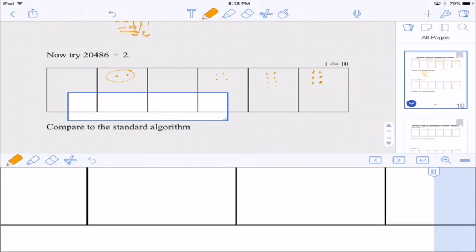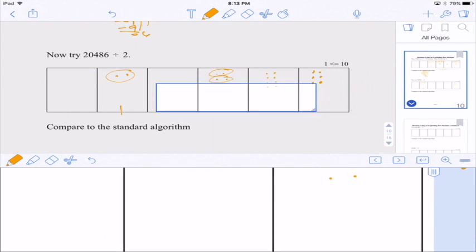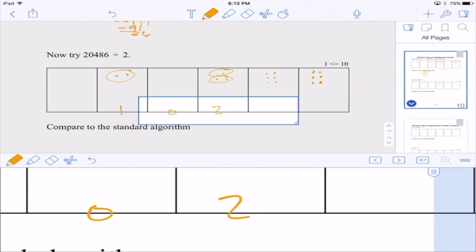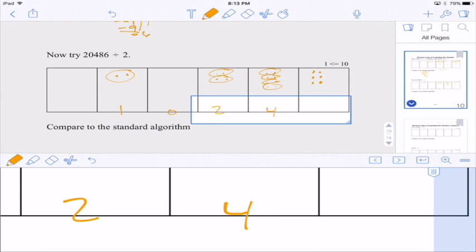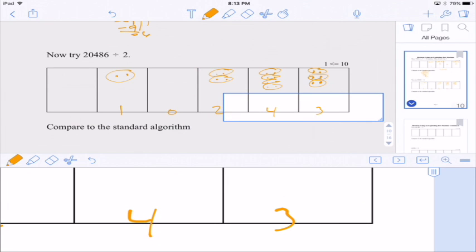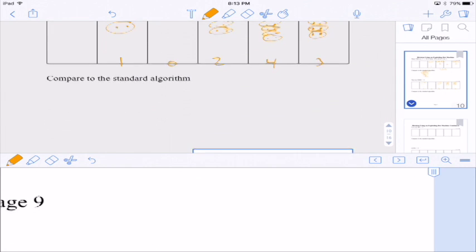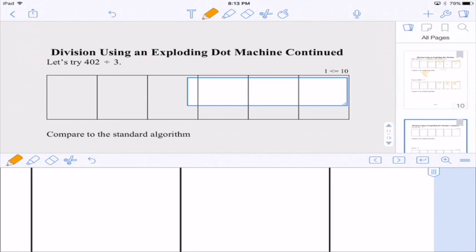One group of 2. 2 groups of 2. This one is 1, 2, 3, 4 groups of 2. And finally, 3 groups of 2. Pretty easy. I'm not going to compare to the standard algorithm because that one was pretty easy, so let's skip that. Now let's make it slightly harder.